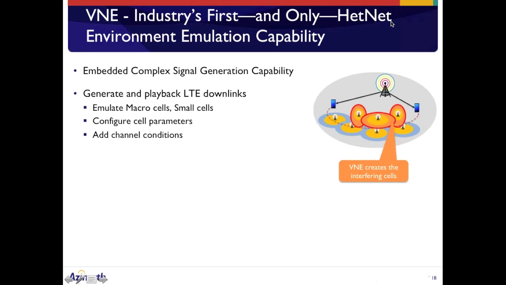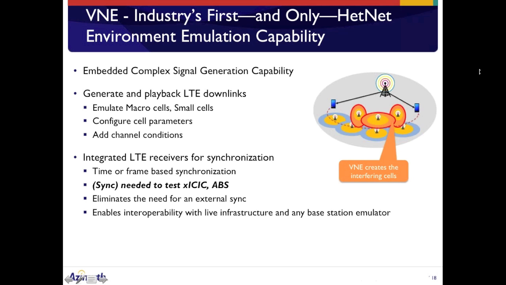This is very important because it means I can create an environment where I have the device moving from here to here, any kind of mobility, and you have the ability to condition the channel as you need it to be. The last thing when it comes to VNE is that these interferers are synchronized. What I mean by synchronized is every interferer that VNE generates is time synchronized down to a subframe level to the serving cell.